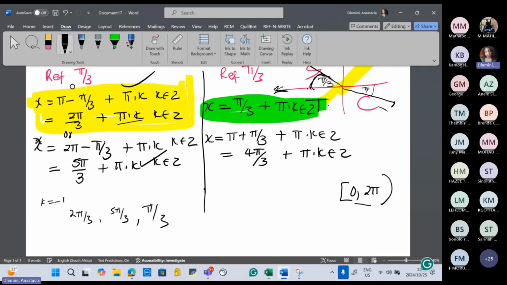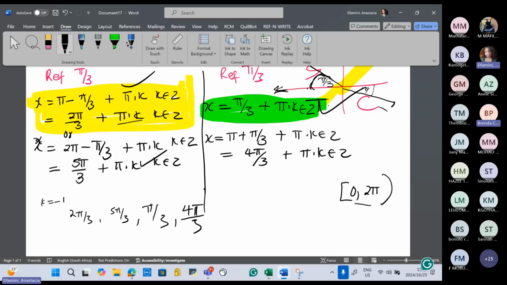And then if you choose k equals 1, 4 pi over 3. Is it in the interval? Yes. If you choose 2, that will be over, obviously. So we are done with this one.